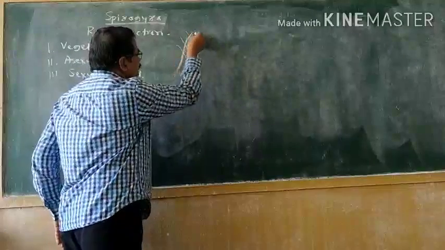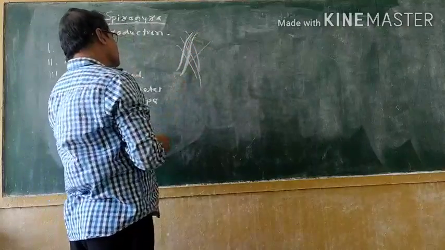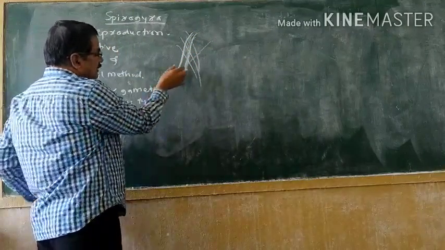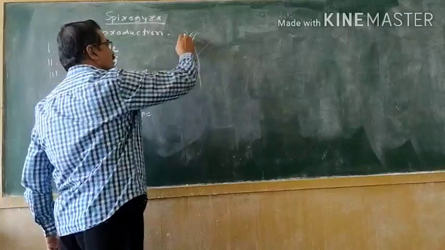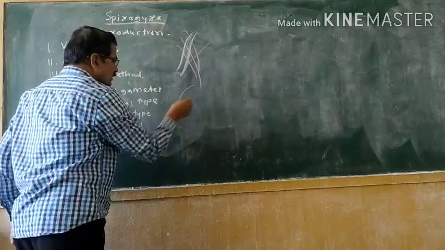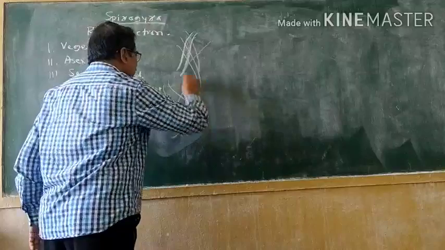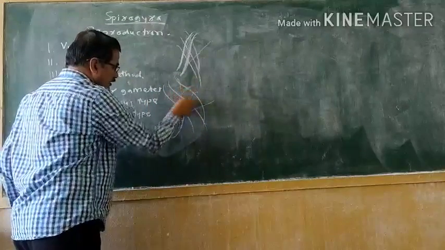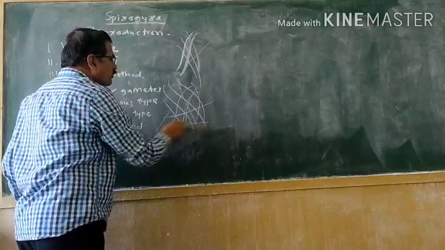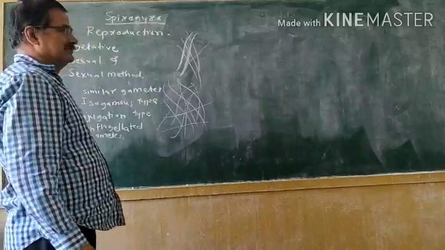Suppose these two similar morphological structures, filaments, become parallel to each other, in this Spirogyra, like interwoven.